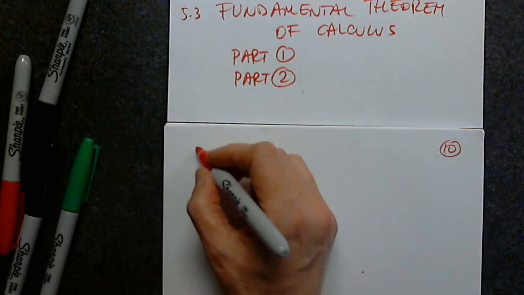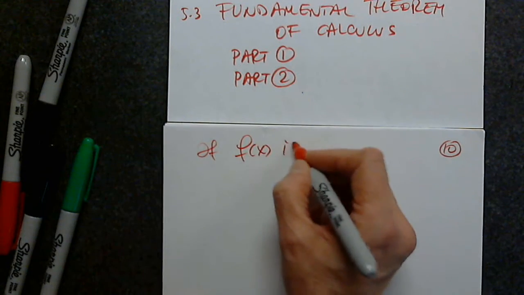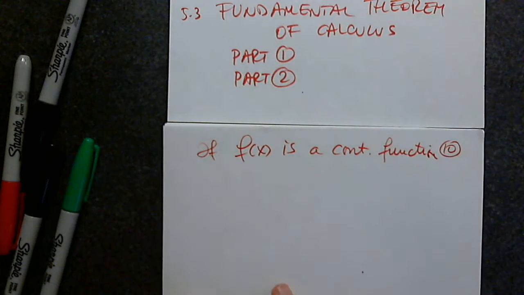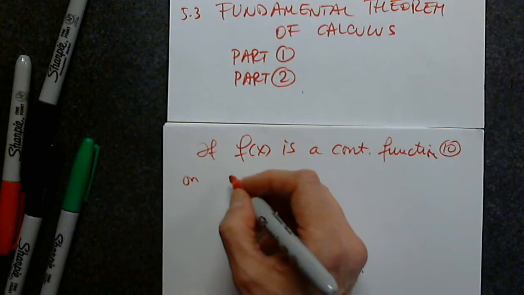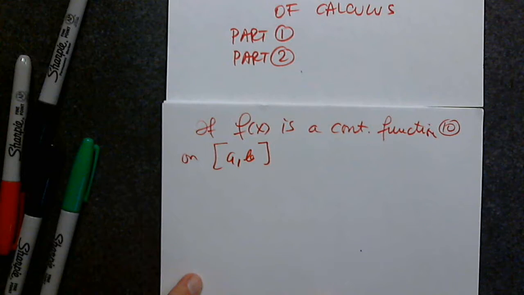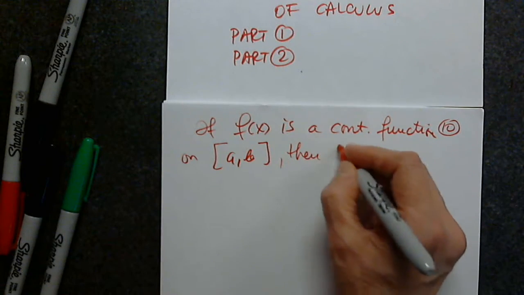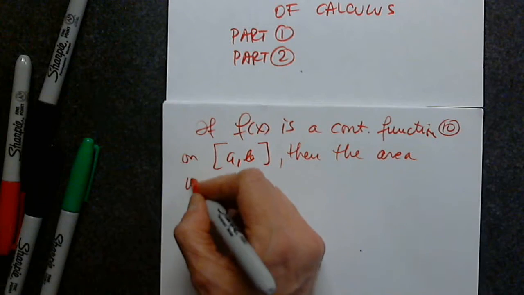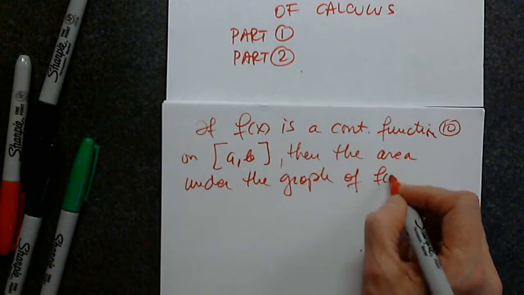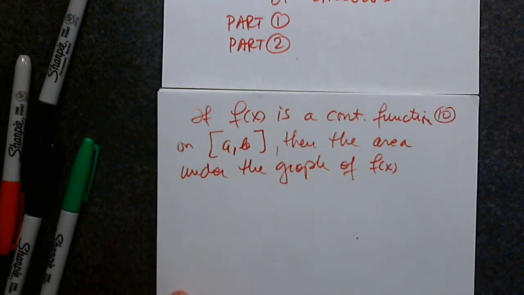If f of x is a continuous function on the interval a comma b, then the area under the graph of f of x is, what is it?